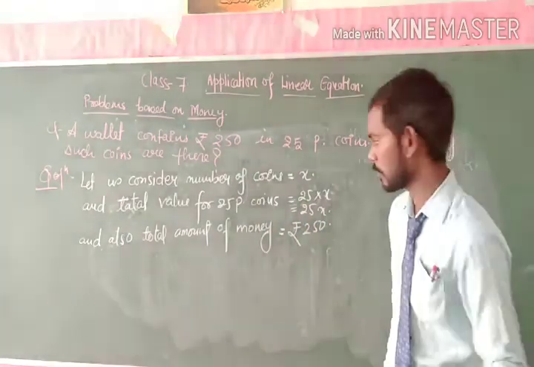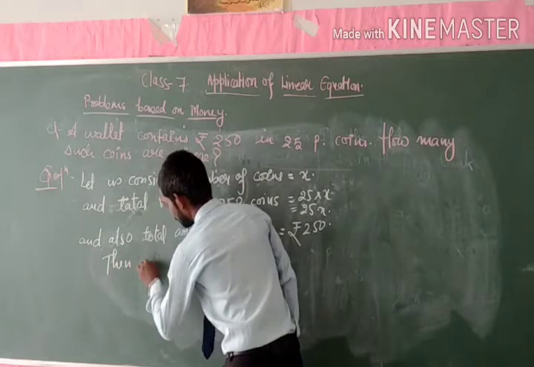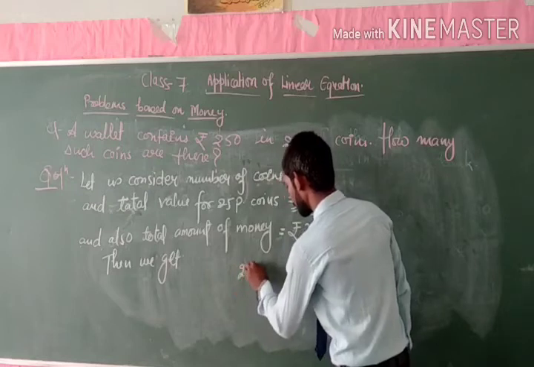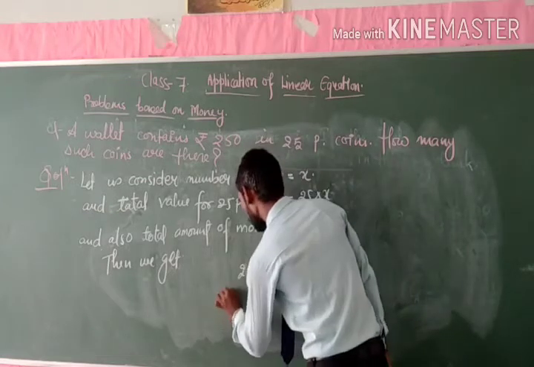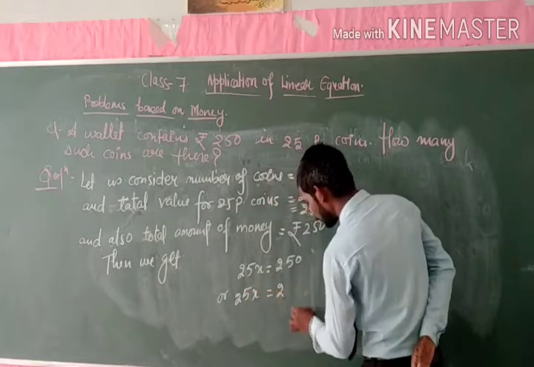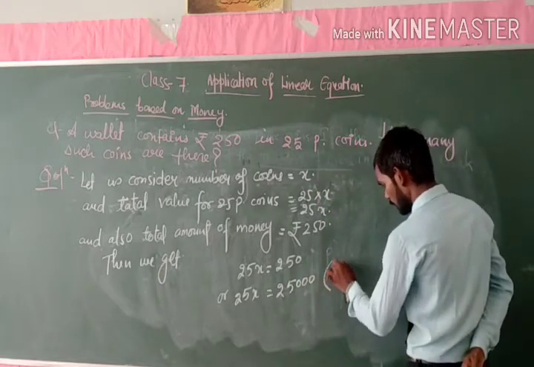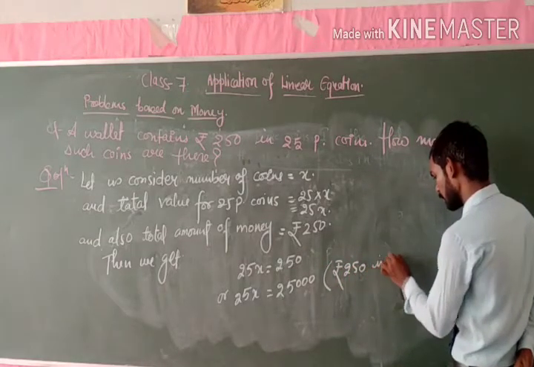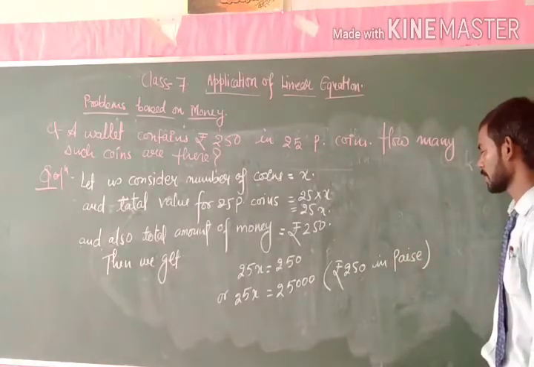Then according to our problem, we get 25x is equal to 250, or 25x is equal to 25,000, that is 250 rupees in paise.